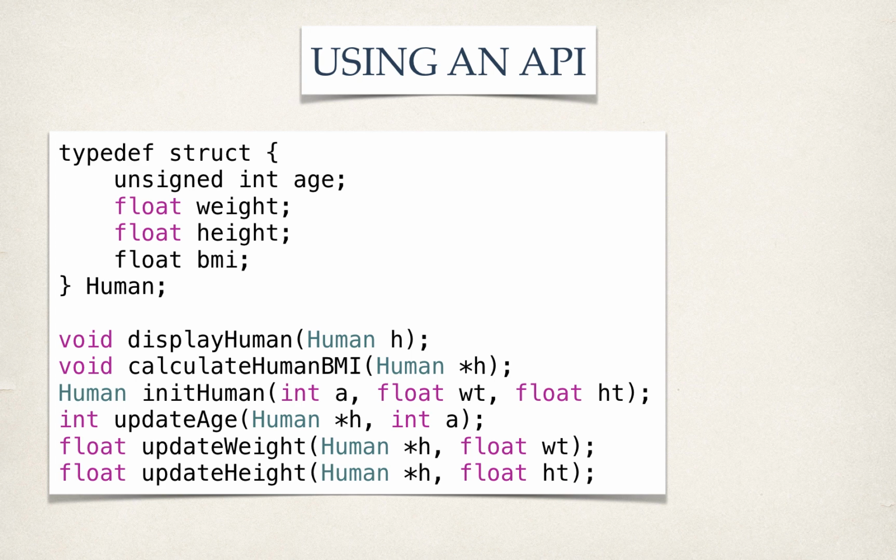Update age, pass in the age, pass in a pointer to the variable that we're using, and then this one will modify its BMI as well and its age. Okay, so that's the idea.